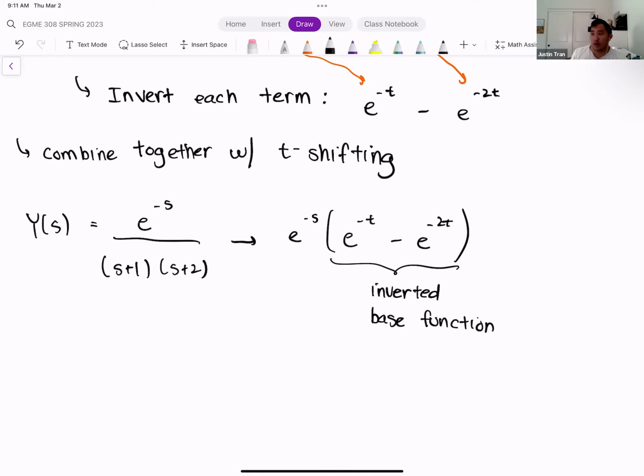Now let's apply the t shifting to each of the terms. We're going to apply a t shift of t minus 1 to each of these two expressions. The e to the minus s will cause a t shift of t minus 1 to each term.